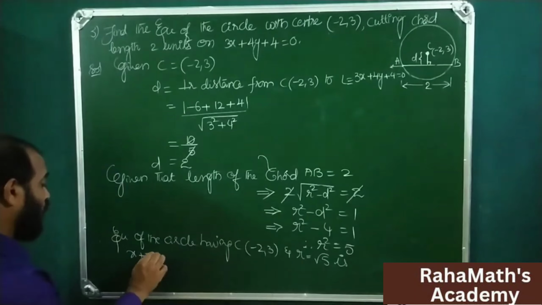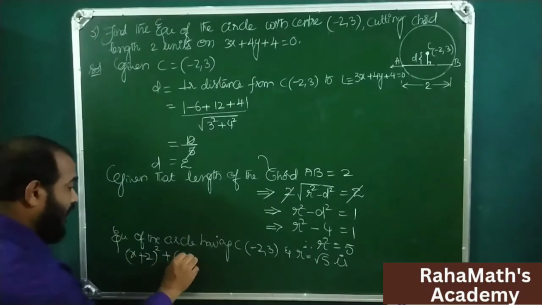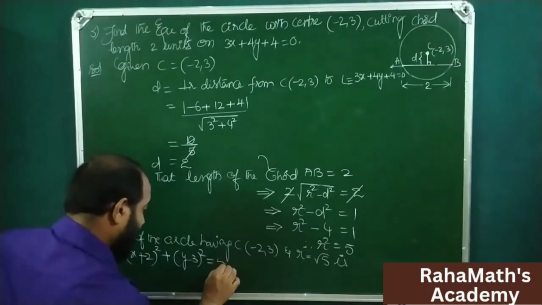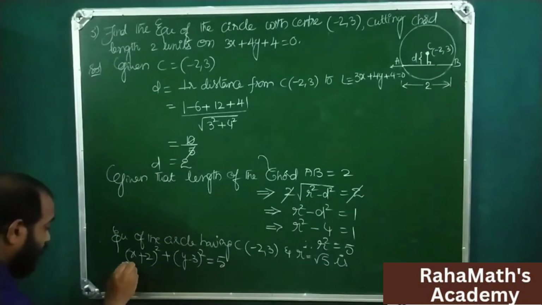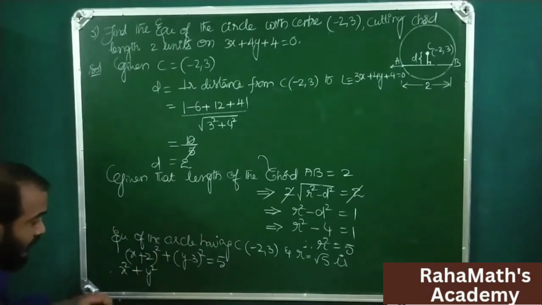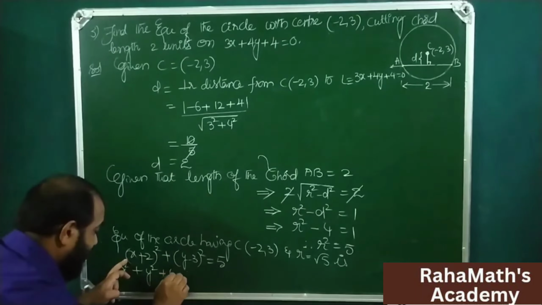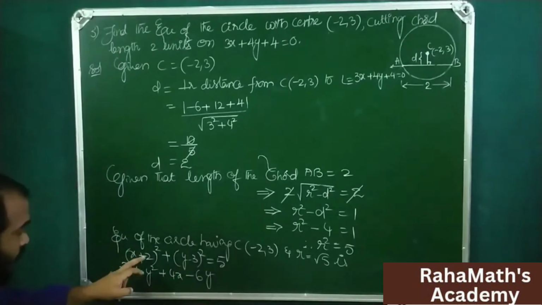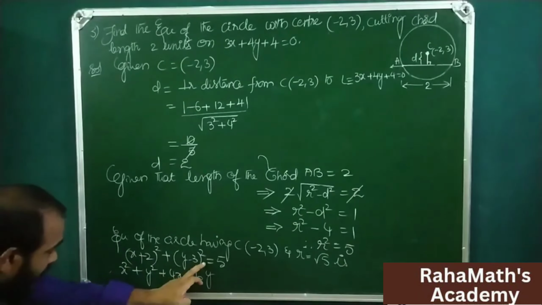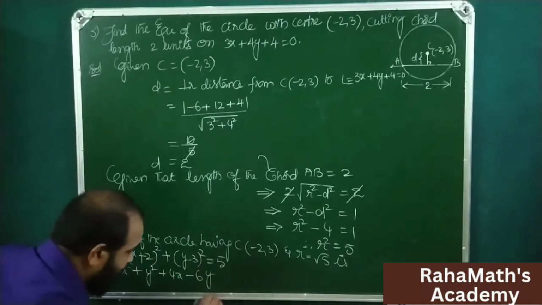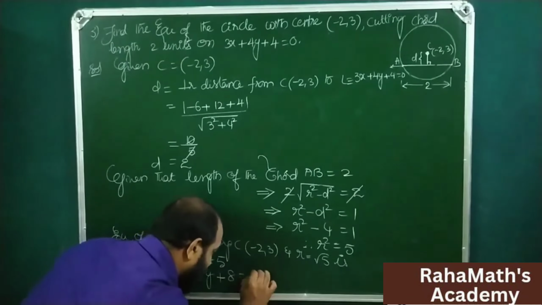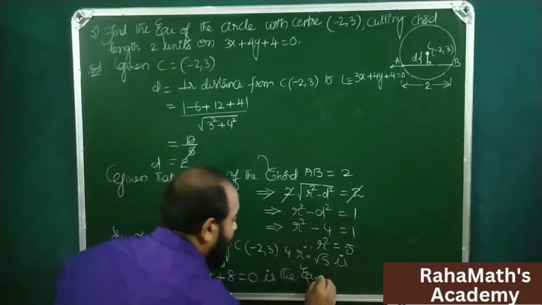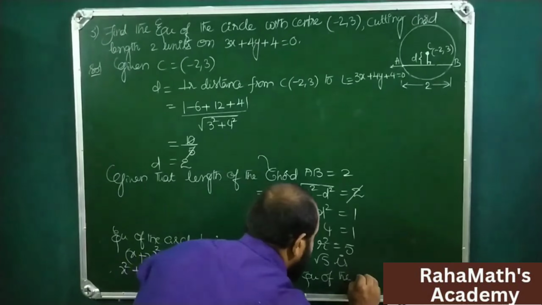So (x + 2) whole square plus (y - 3) whole square is equal to 5. So x square plus y square, 2 2s are 4x, minus 2 3s are 6y, 4 plus 9 is 13, minus 5 is 8, equals 0. This is the equation of the required circle.